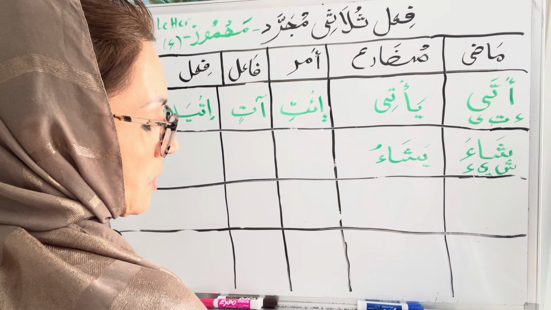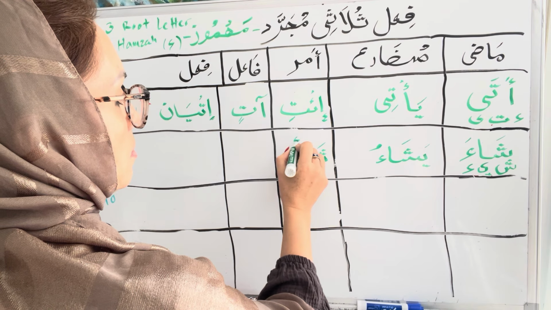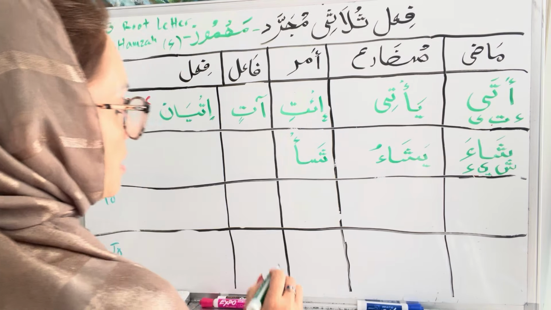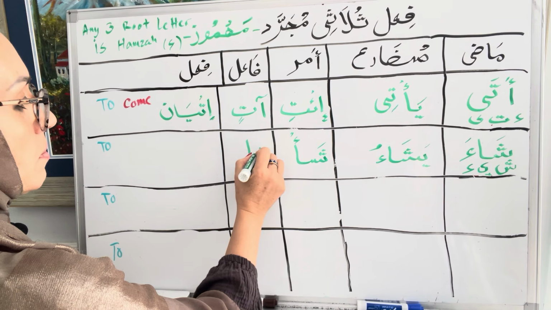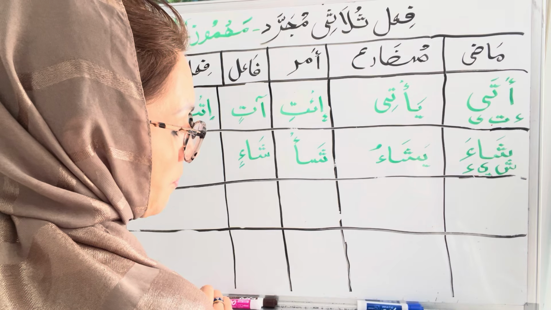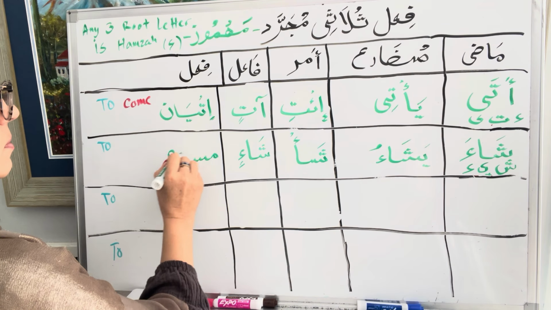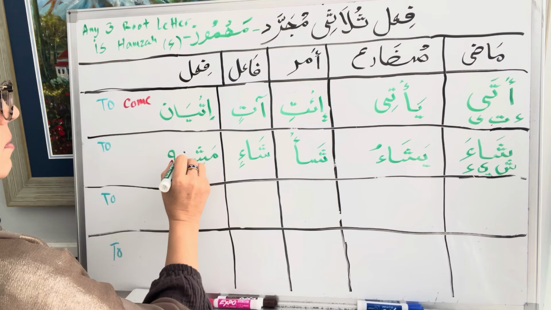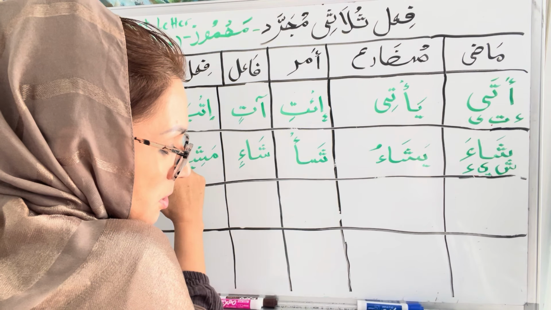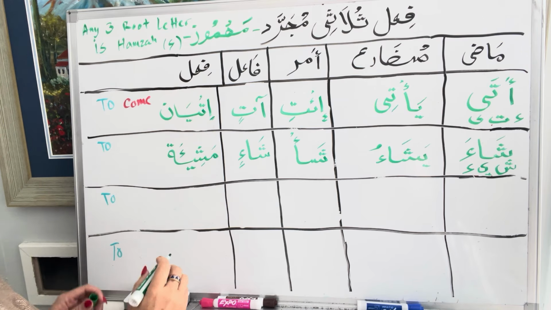Sha, and then sha'in, and then mashiya. Mashi, this is a hamza, mashi'a.